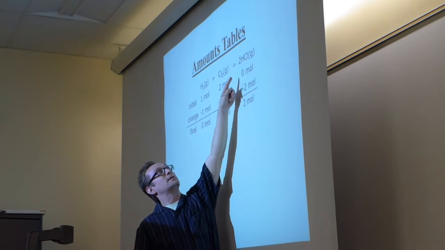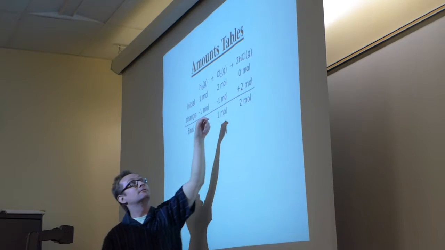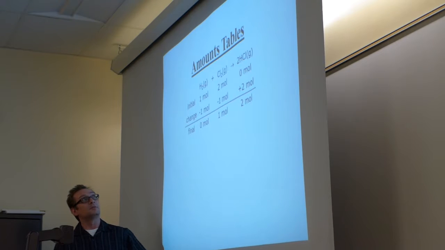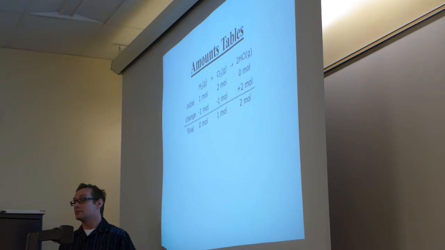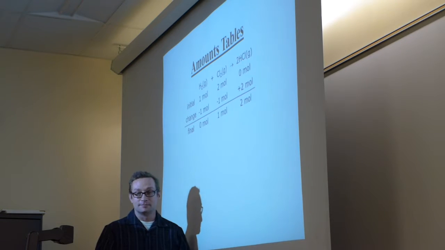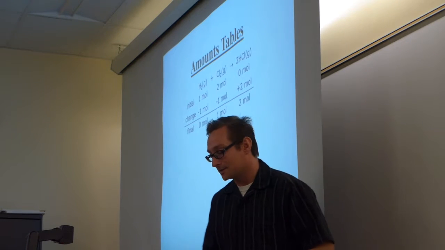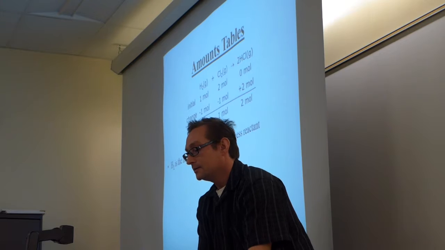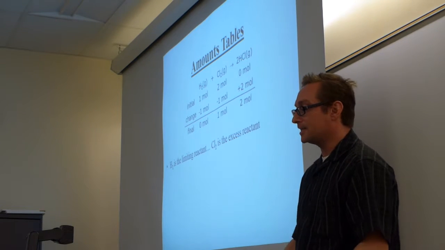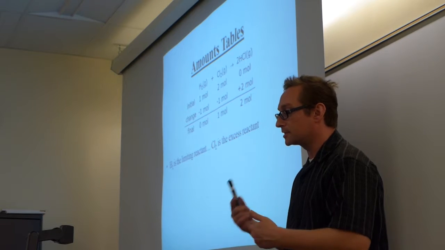Well, it's because I produce 2 moles of HCl for every 1 mole of hydrogen gas. So I'm producing double the moles of HCl for every mole of hydrogen gas that I'm using. This is the general structure of an amounts table. So we call H2 the limiting reactant, and chlorine gas is the excess reactant. So there's some left over.